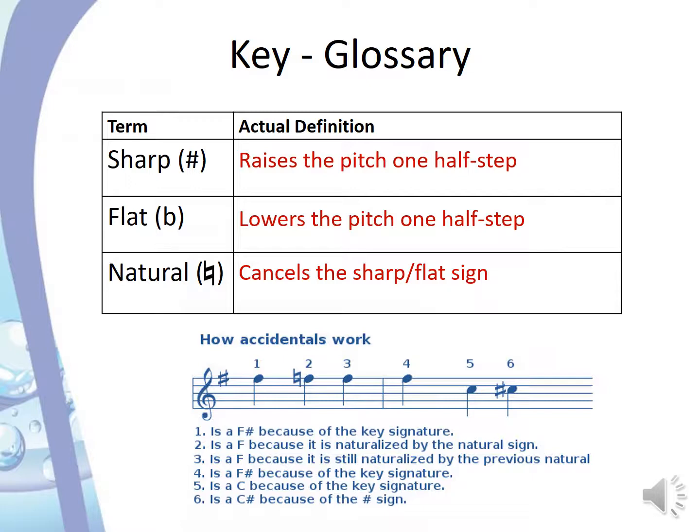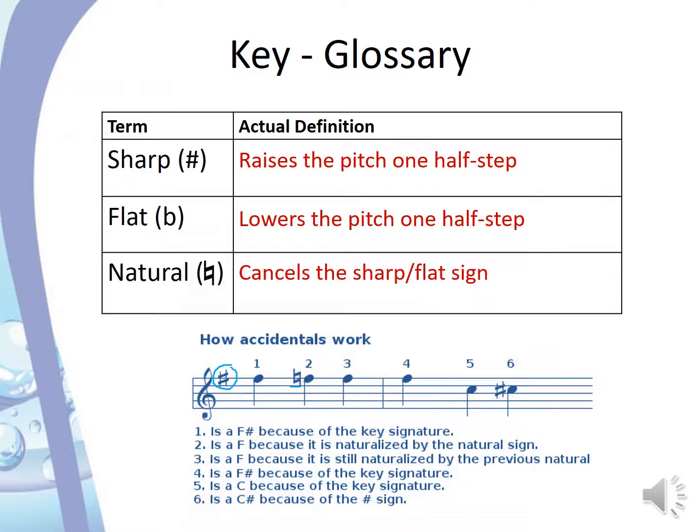What they are talking about is the fact that this sharp here is at the beginning of a song before the notes are even written in, and because of that, any note that is on that top line will be an F sharp. To counteract that, as in the case of number 2, notice that they had to write in a natural sign to specify that that note now should be played as a natural.